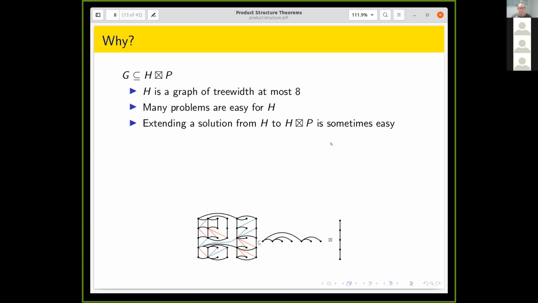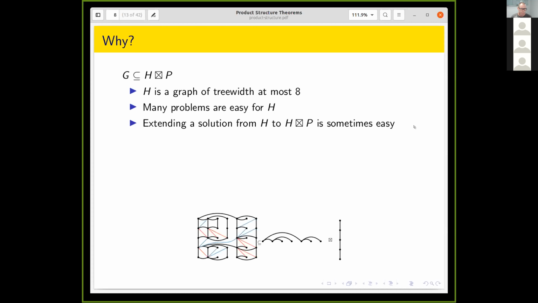And a lot of the time, if I have a solution for the graph H, extending that to H times a path is not such a difficult task. We'll see various examples of when this happens, but sometimes it's easy.